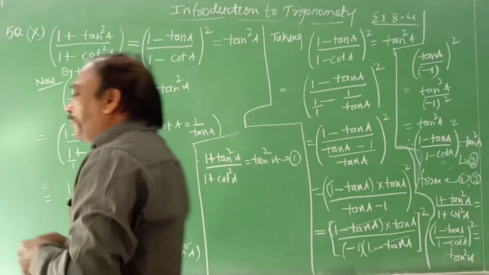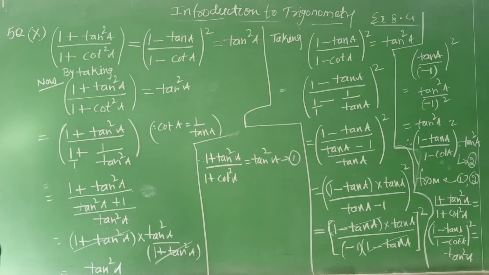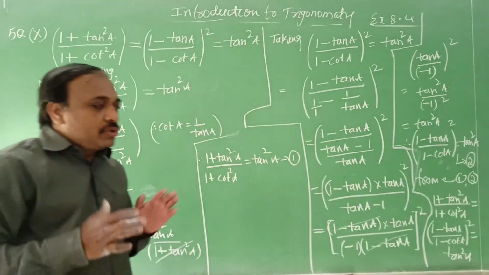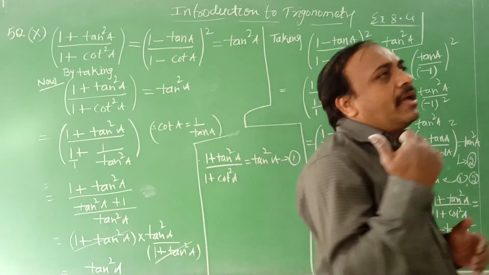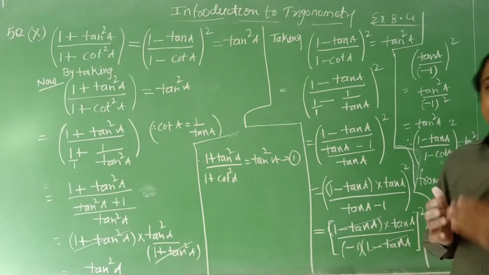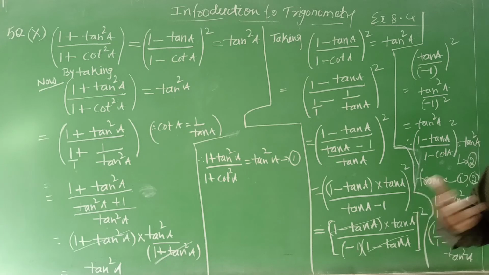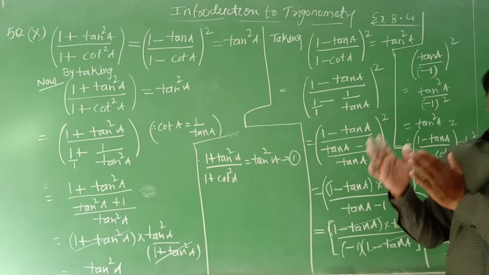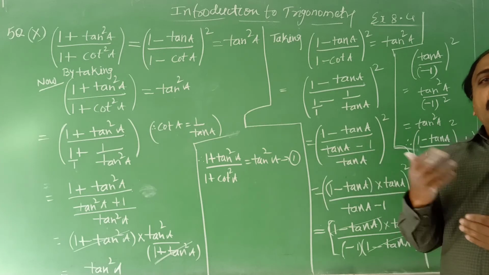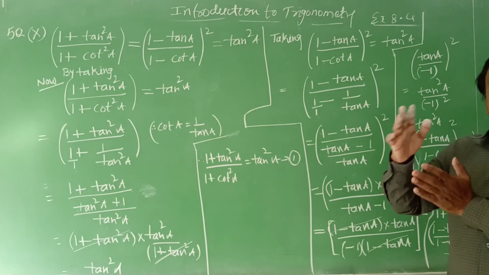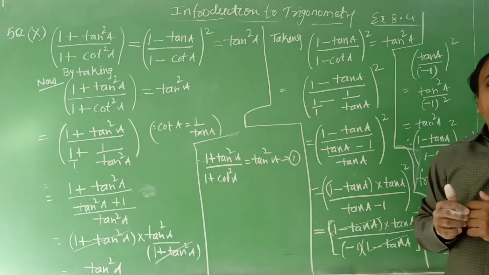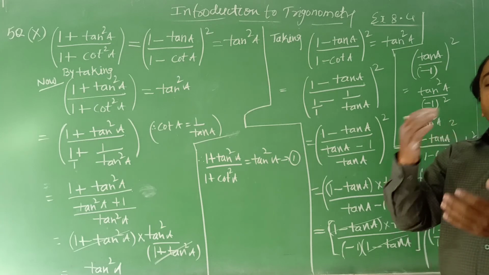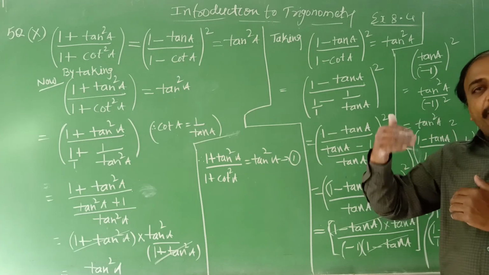So with this, the introduction of trigonometry is completed. In this chapter we have discussed, first, what the trigonometric ratios are, how they are related to the sides, what sine and cos are in terms of sides using a right triangle: opposite side by hypotenuse, adjacent side by hypotenuse, adjacent by opposite.